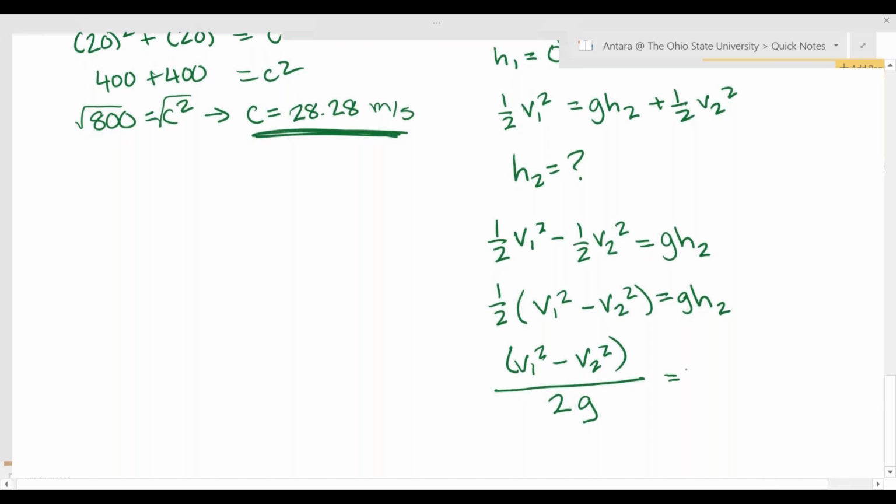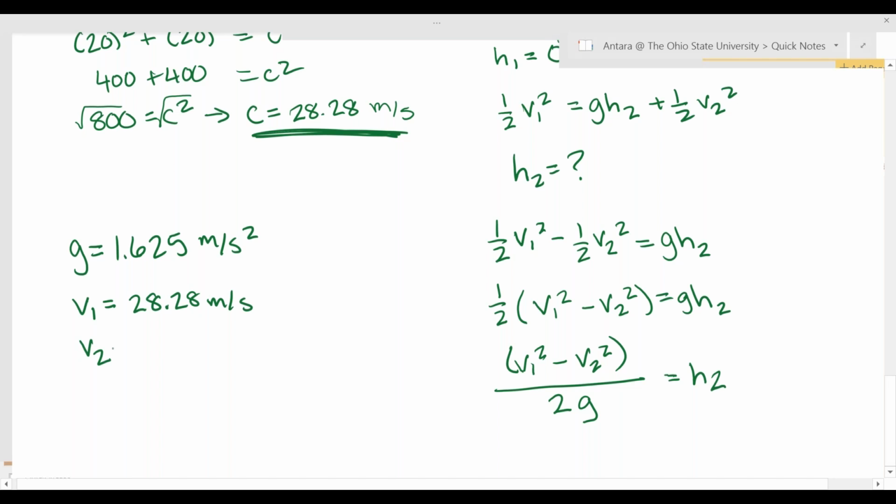That equals h2. So let's see, do I have all these variables? I'm going to write them on the left side. G I wrote as 1.625 meters per second squared. V1 is the total velocity, which we found to be 28.28, as it was hit from the ground.